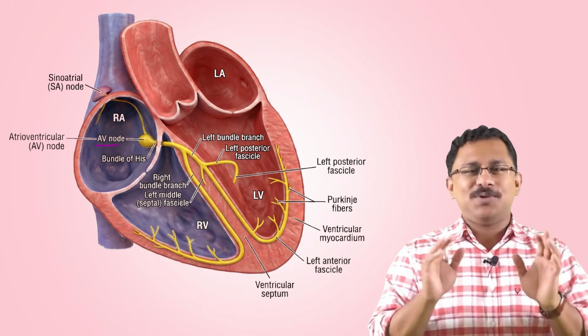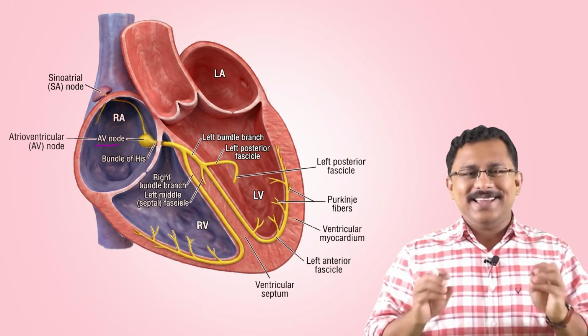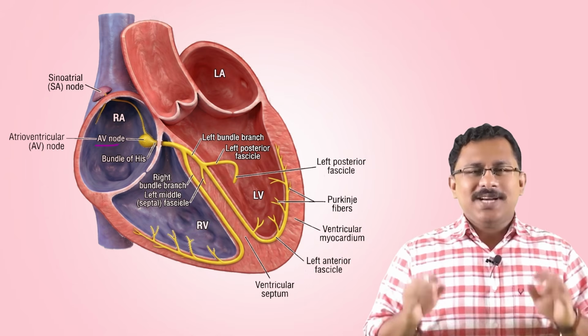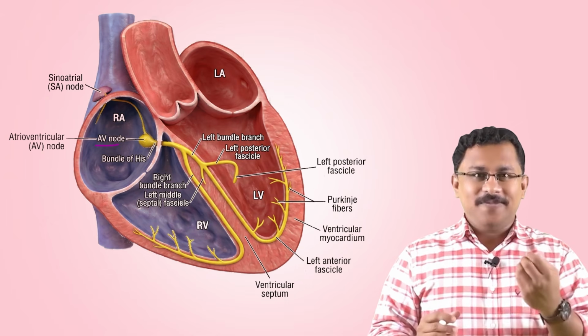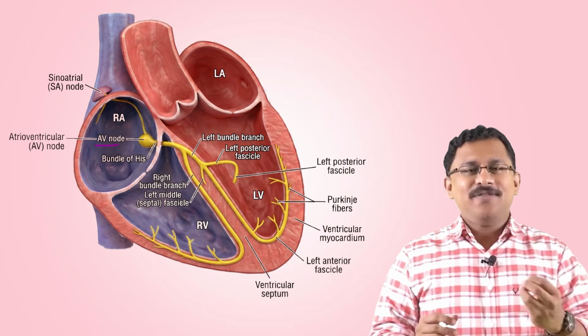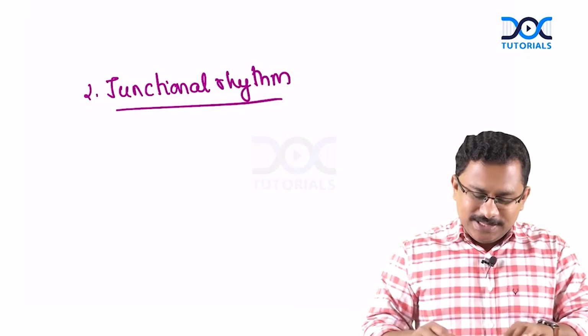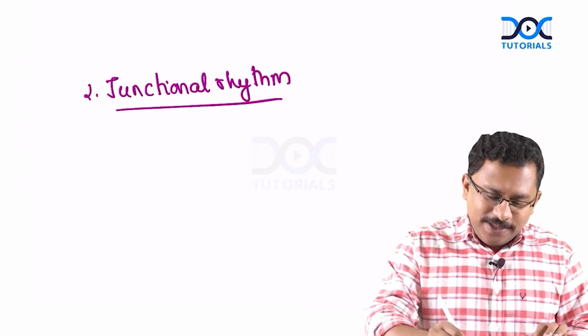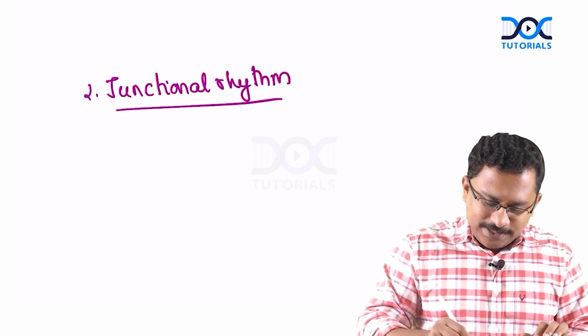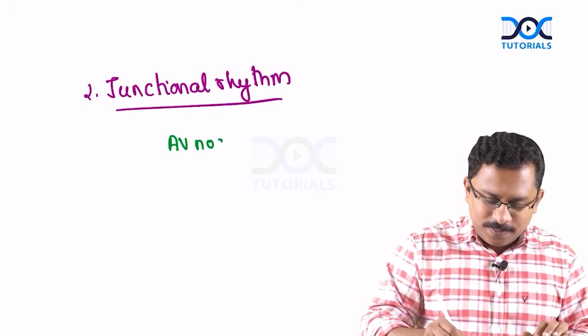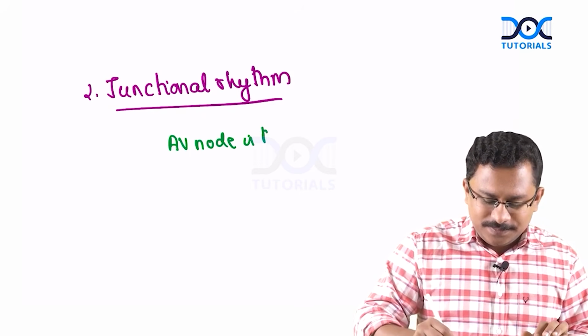You can say that it's almost the AV node that is at the junction point. So junctional rhythm is the rhythm where the AV node is acting as the pacemaker. So in junctional rhythm, the first point that you have got to know is that the AV node is the pacemaker.